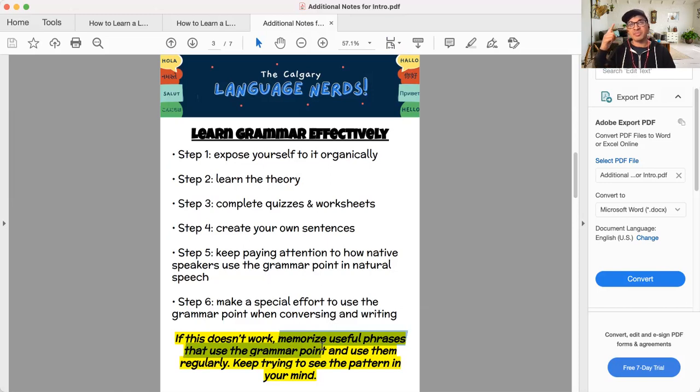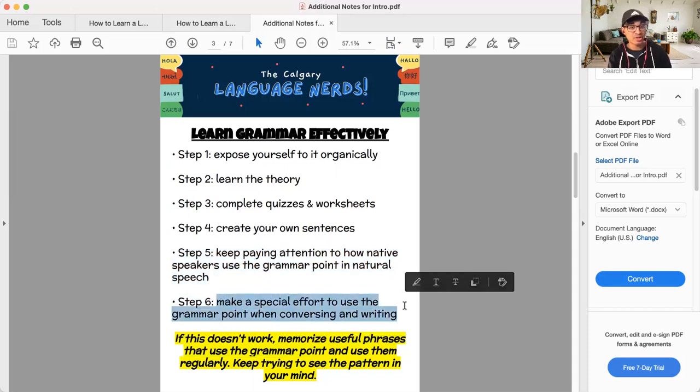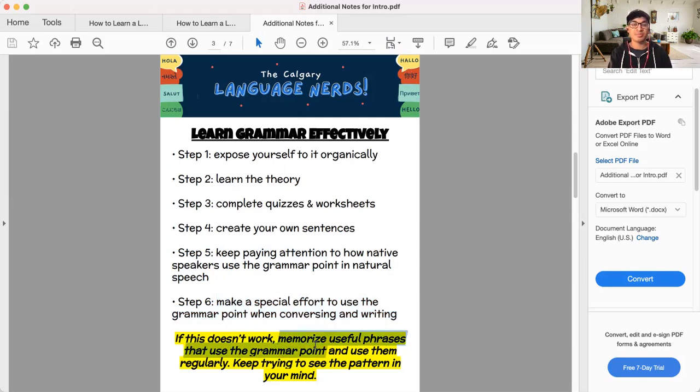In your mind, when you memorize these phrases, keep trying to see the pattern. I'll give you an example. Mandarin has a grammar point called ba. Ba is something we don't have in English. It took me like 2 years to really get it. Not 2 years of consistent study, but 2 years of paying attention to how native speakers used it, making special efforts to try and use it when I could, and memorizing some useful phrases that use that grammar point and using those when I could.